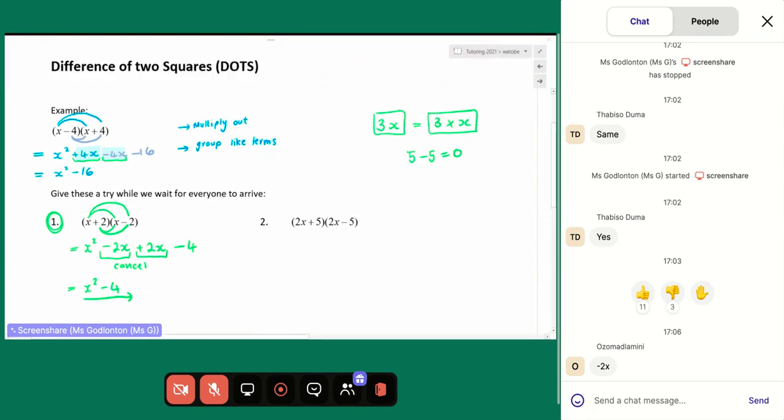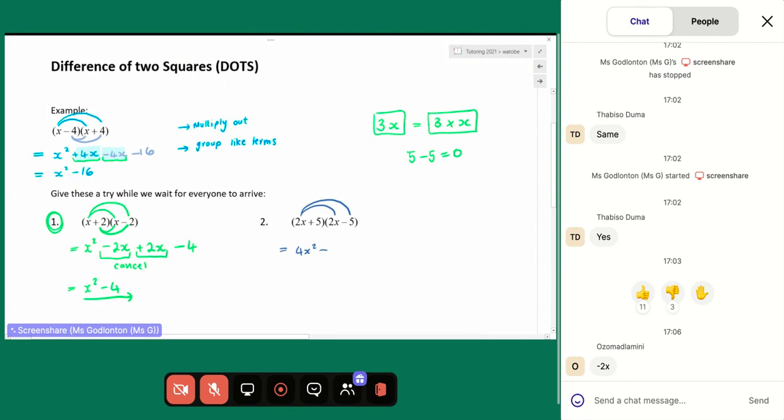Who can I pick for question 2? Ma'am, can I try to do it? I would love it if you tried. 4x squared minus 5x. So close.